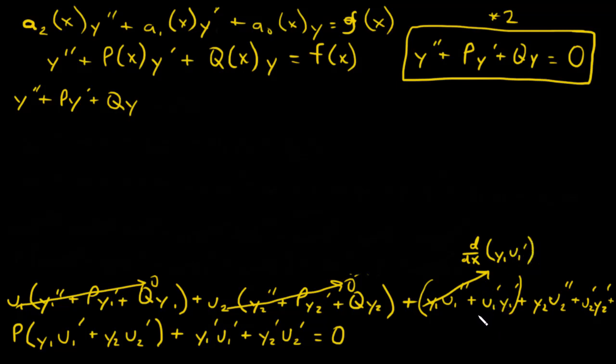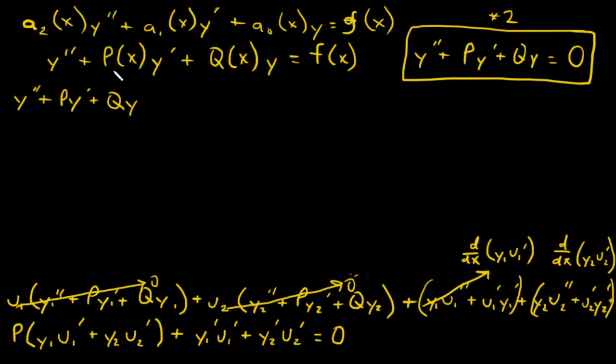Okay? This set of terms here, first times derivative of the second plus second times derivative of the first, is the derivative of y2 u2 prime. Okay? And I can't do anything else with the rest of this, so here we go.